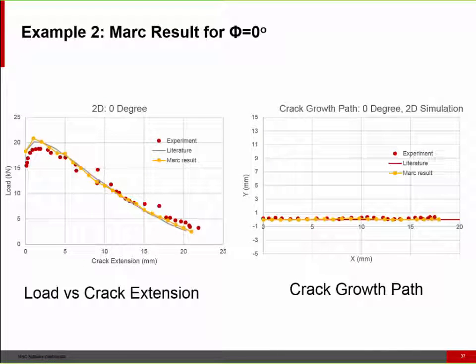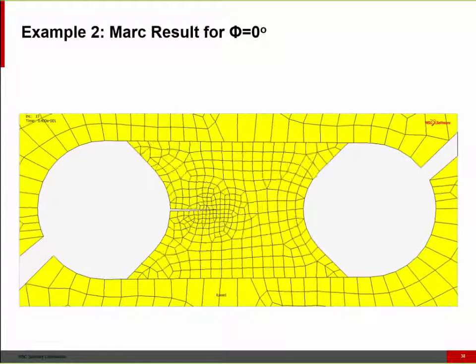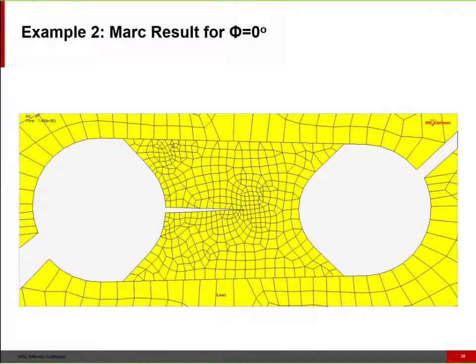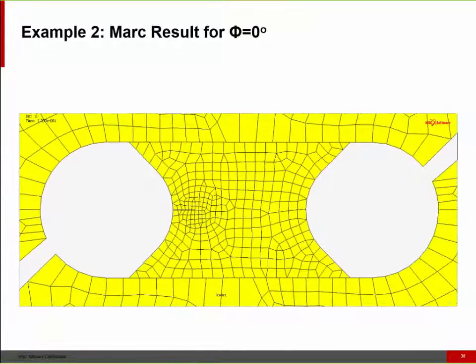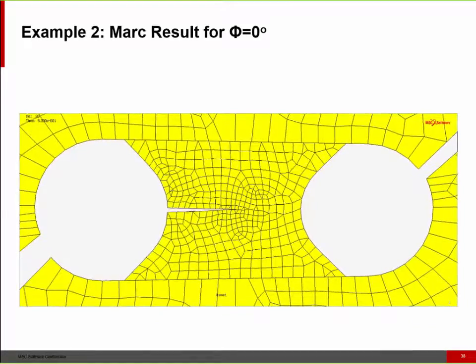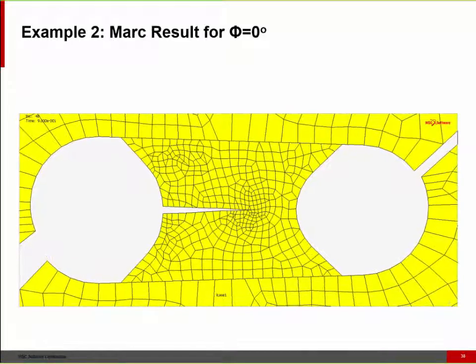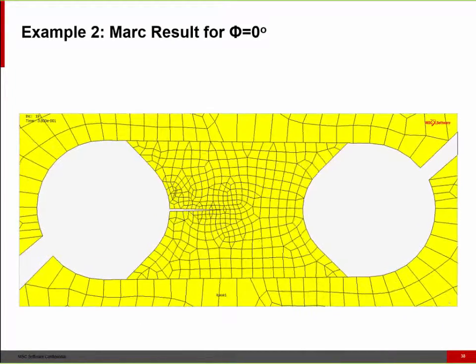This slide shows the result for phi equal to 0, which is a pure mode 1 problem. As you can see, both simulation results match test data pretty well. And this animation shows how the crack grows and how the mesh is updated with global remeshing.